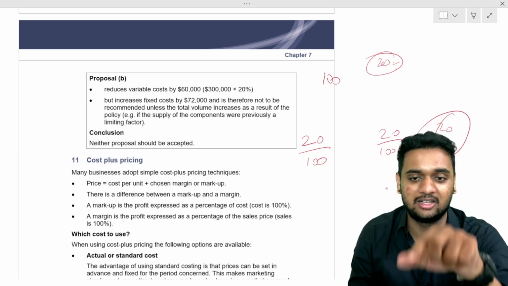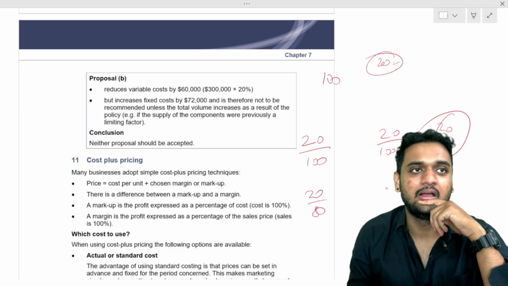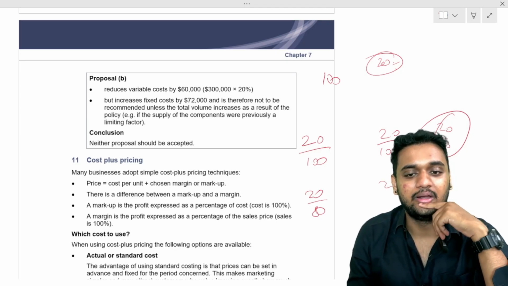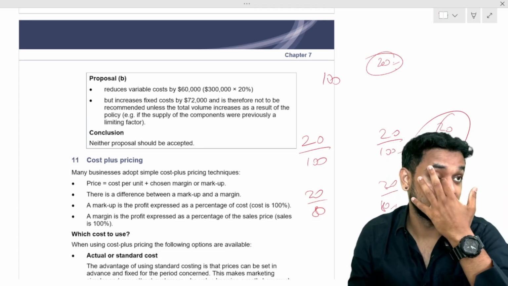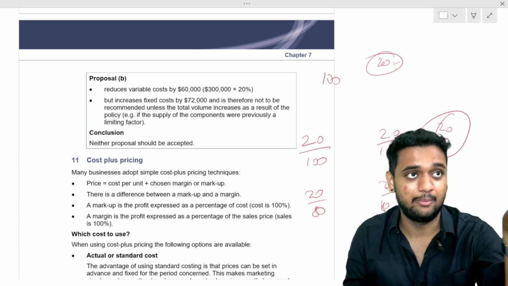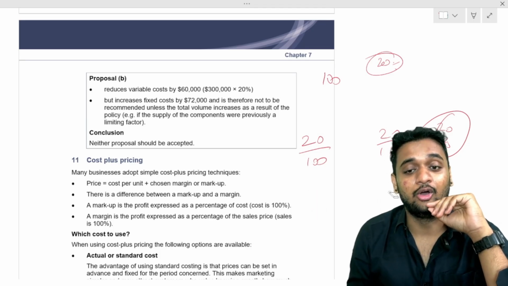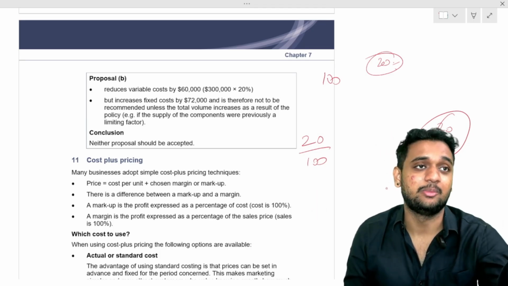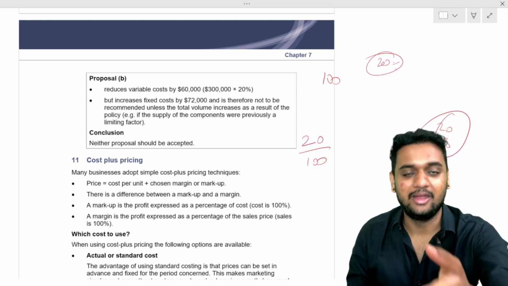Now, suppose markup is given in the question, markup is 20 by 80. Find margin? Add: 20 divided by 80 plus 20. From what is there below, from that only you should add. Understood? Now see, 20 by 100 is 20%, 20 by 80 is 25%.